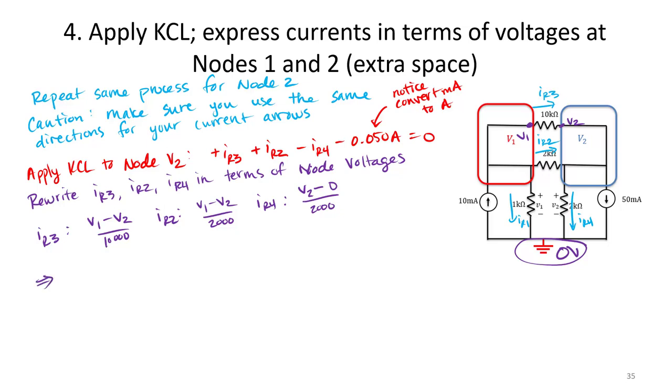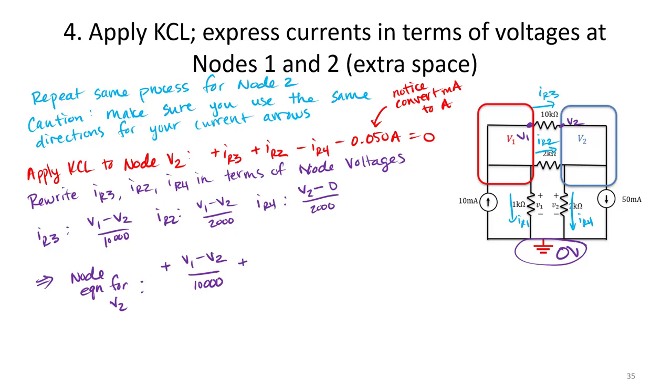So if we substitute back into Kirchhoff's current law, we end up with the following node equation. We have plus IR3, then we have plus IR2.